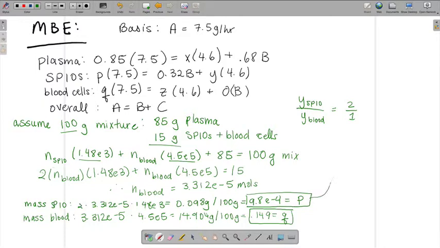So now that we know P and Q, we can substitute both of these values back into our equations, which makes doing the equations a lot simpler.